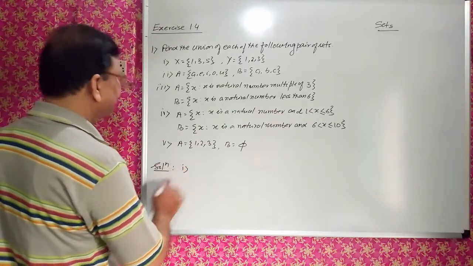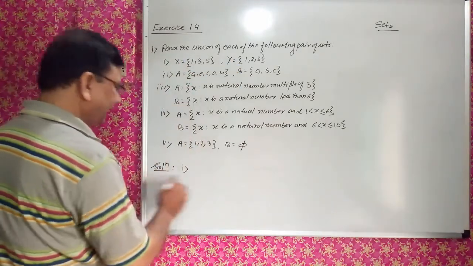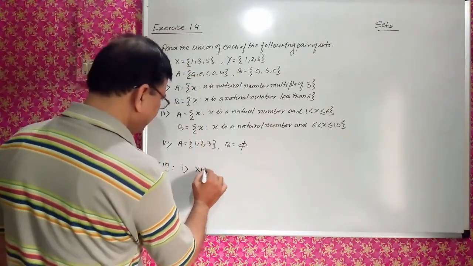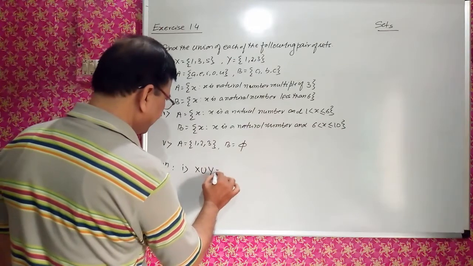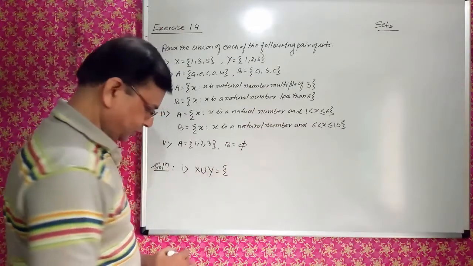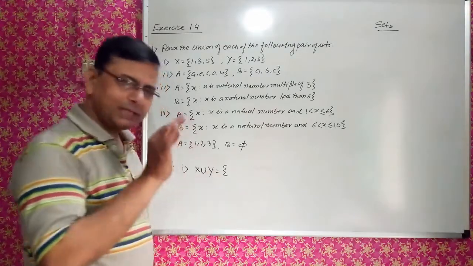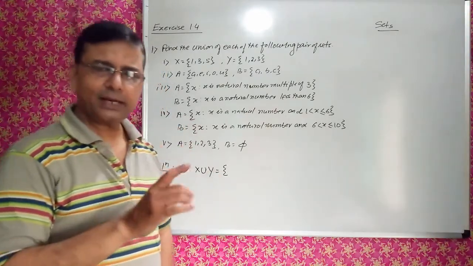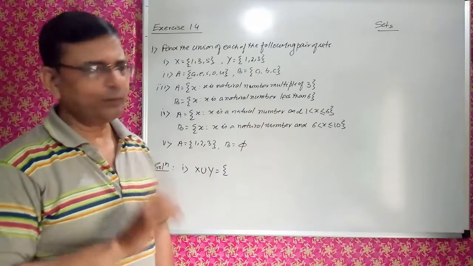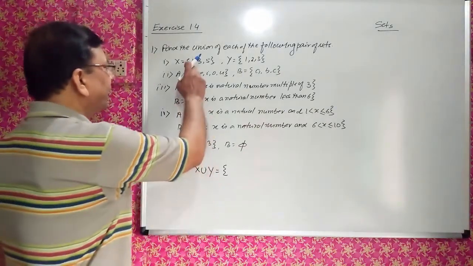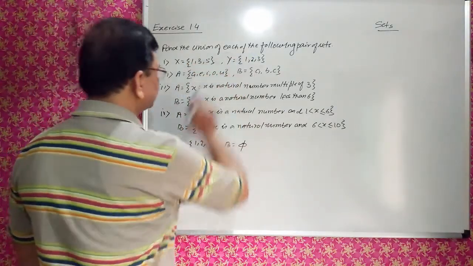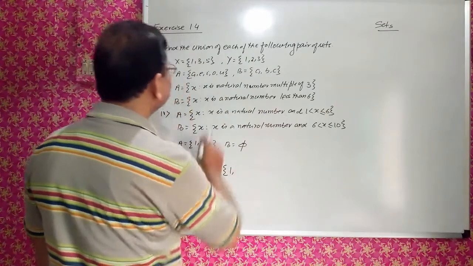First one, X is this, Y is this, so you have to find X union Y. As per definition, in X union Y, those elements will be there which are either in X or in Y. So see, 1 is there in both, so we can write 1.